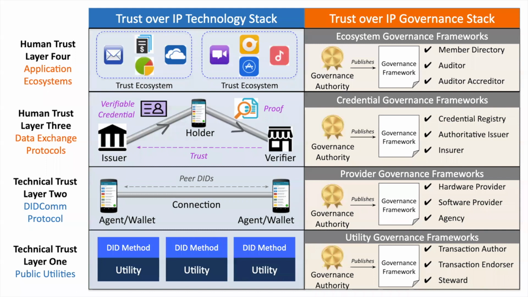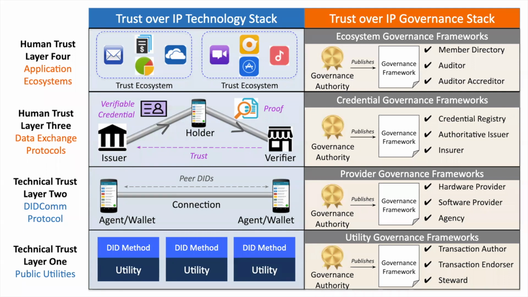Some of the earliest interest in verifiable digital credentials was, of course, from the travel industry because it's so critical to cutting down time, cost, and hassle at borders and increasing economic flow. So they have gotten involved early, and that's a great example of an ecosystem governance framework that might be global in scope.